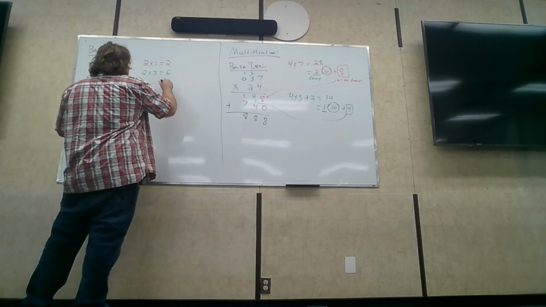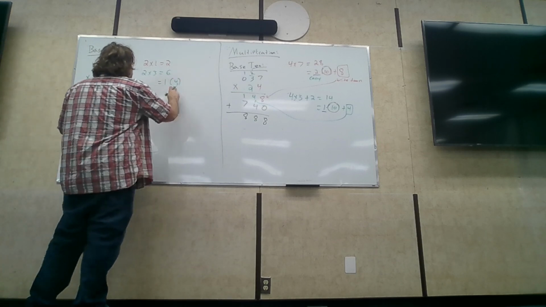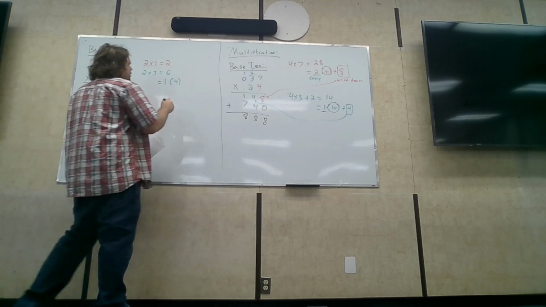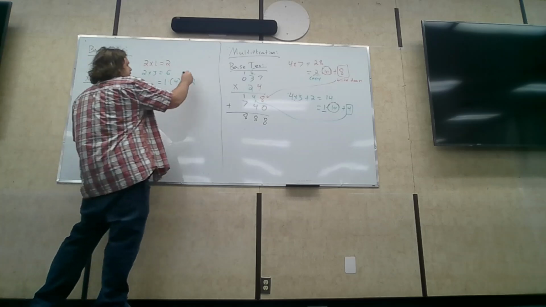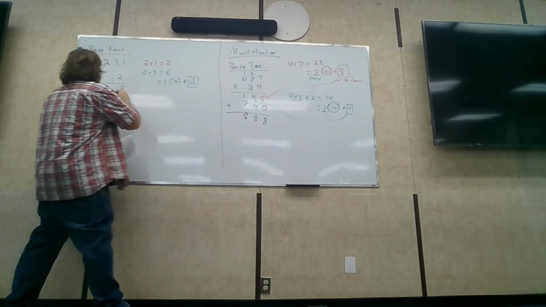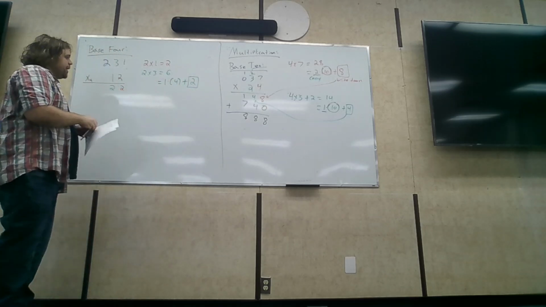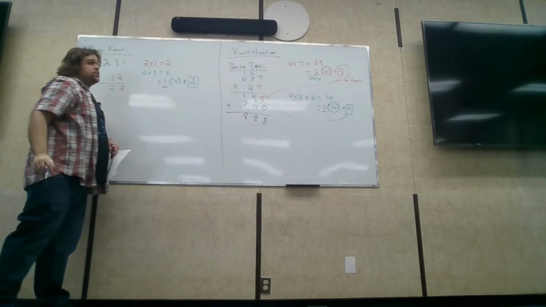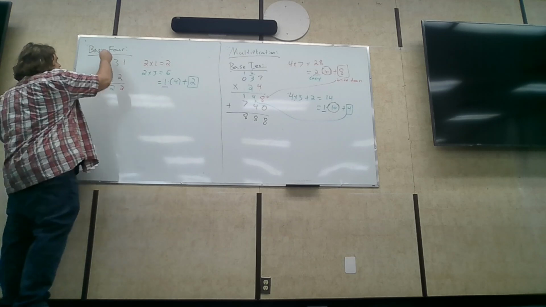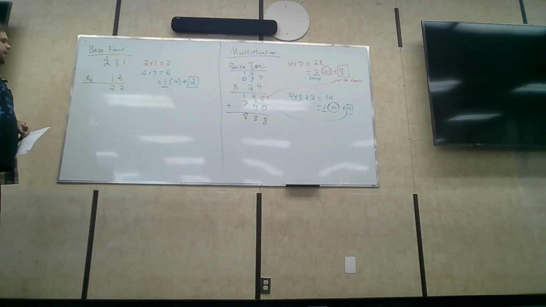So this is 1 copy of 4 plus some stuff left over. So in multiplication, we write down the leftover stuff and we carry the number in front of the base right here. So that's 1, so we carry the 1. And now we rinse and repeat.